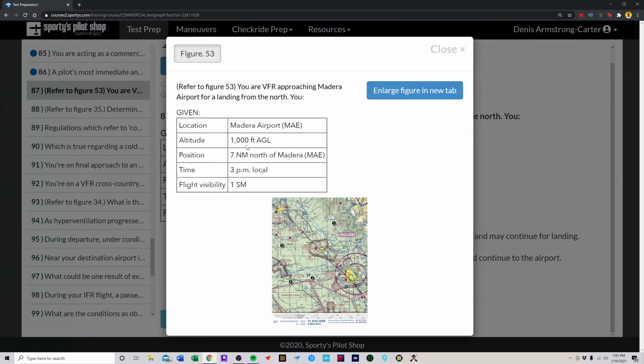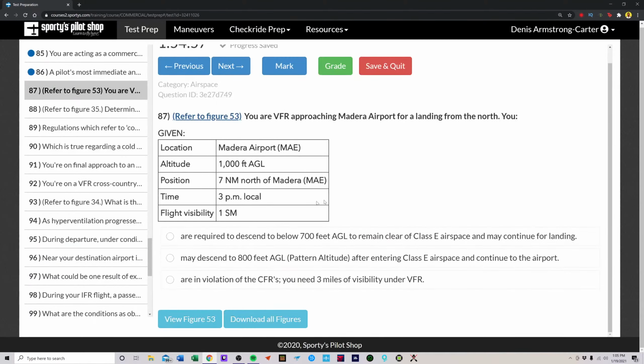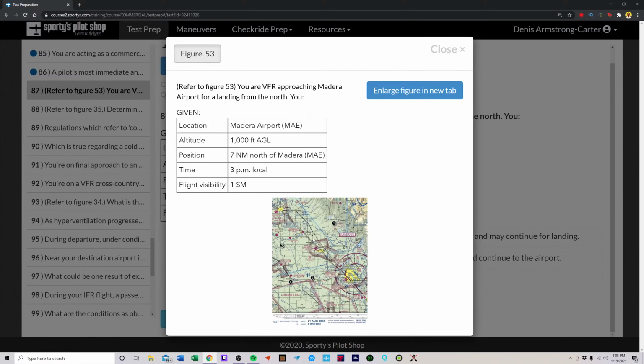Okay. If you are approaching Madeira Airport from the north, you are given Madeira, 3 PM local. Why does the time matter? I honestly don't know. Altitude 1,000 feet.